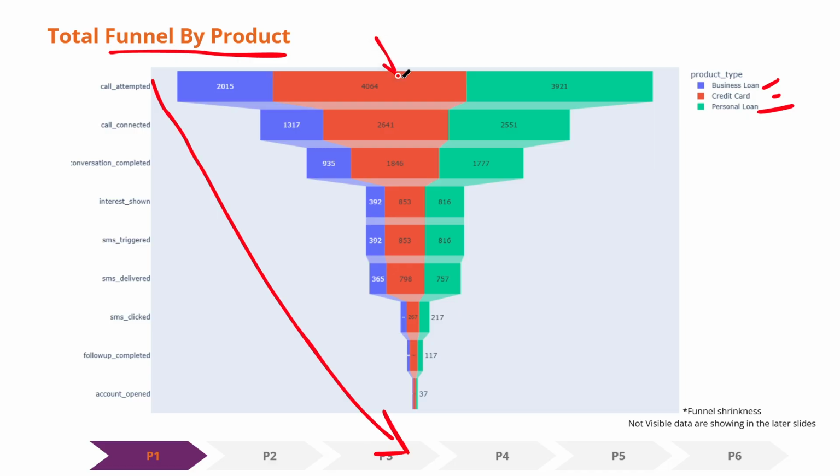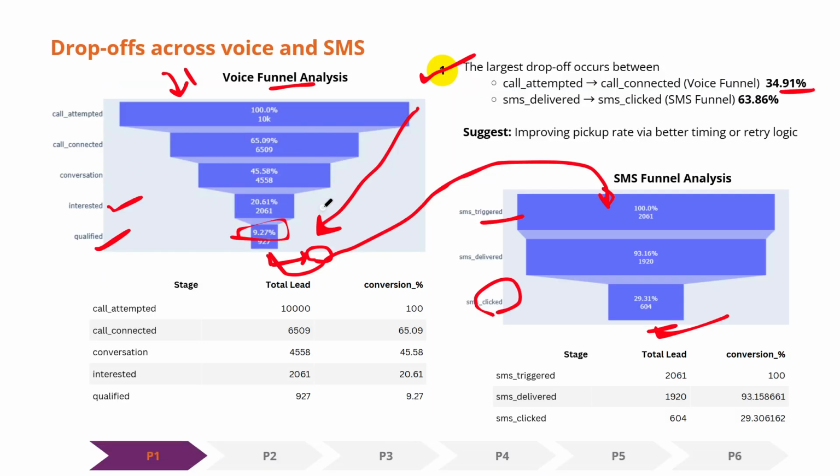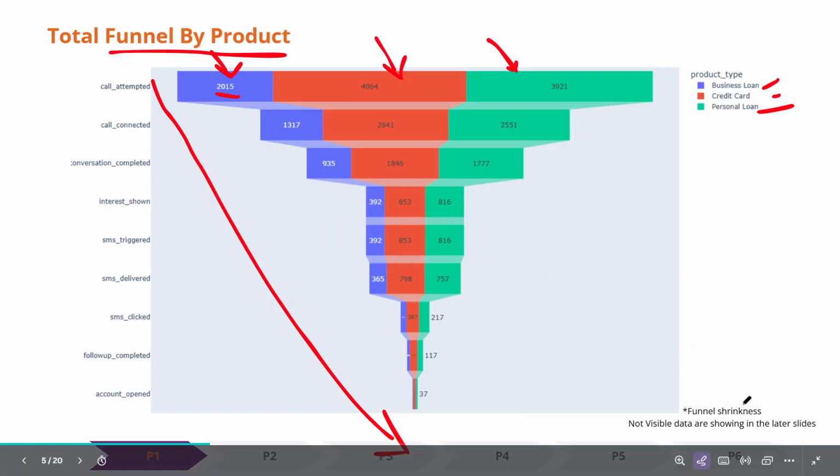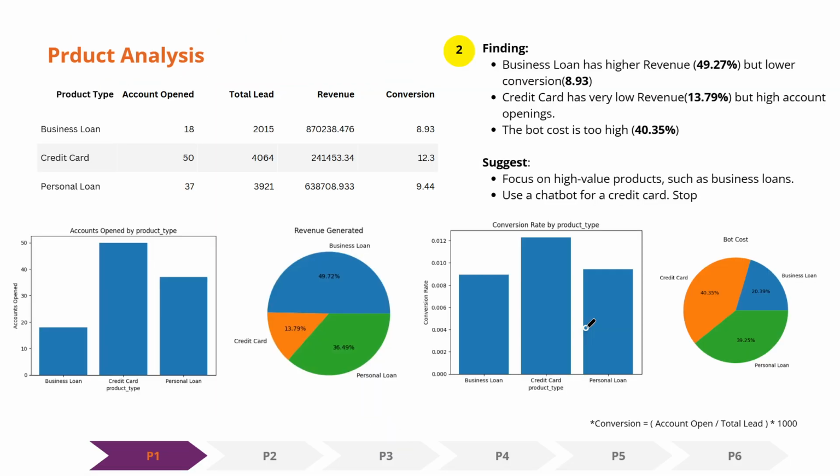During the call time, when we attempt, we see which type of user we are targeting. If you notice, the funnels are not visible, and the data is shown in a later slide. So let's see why.